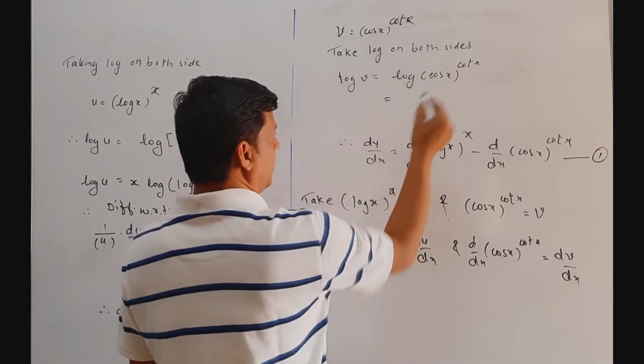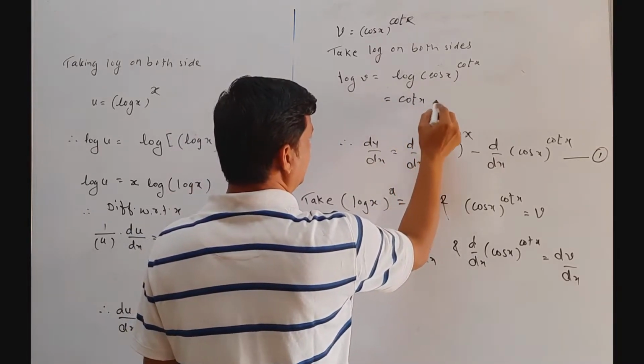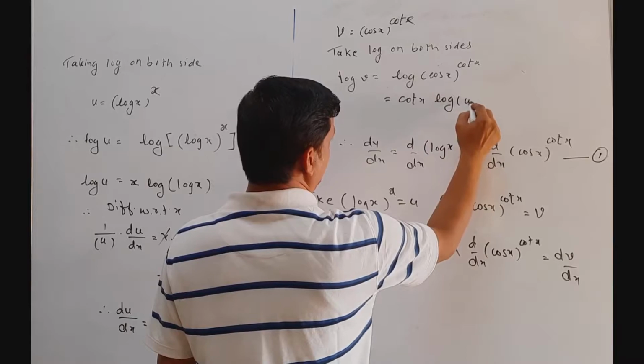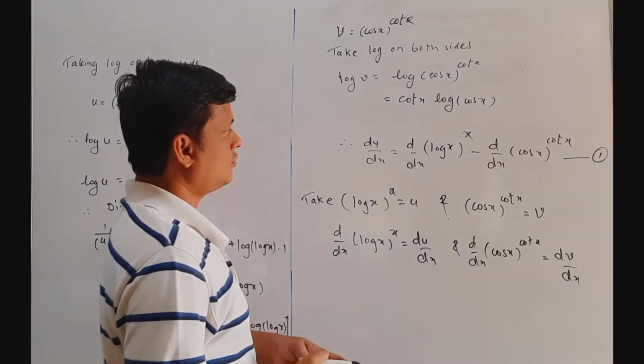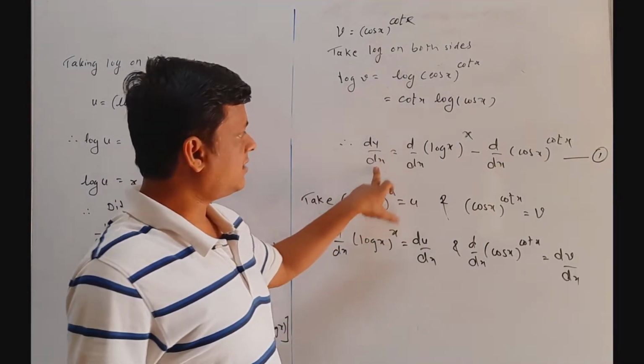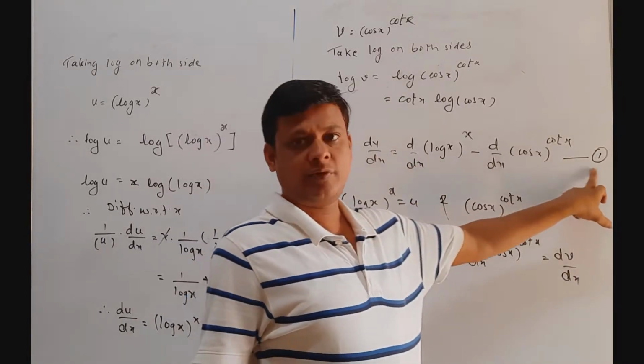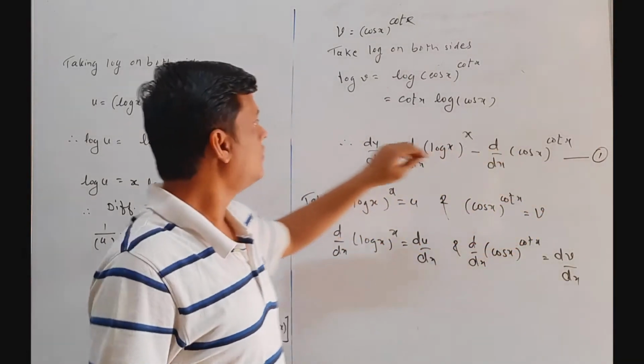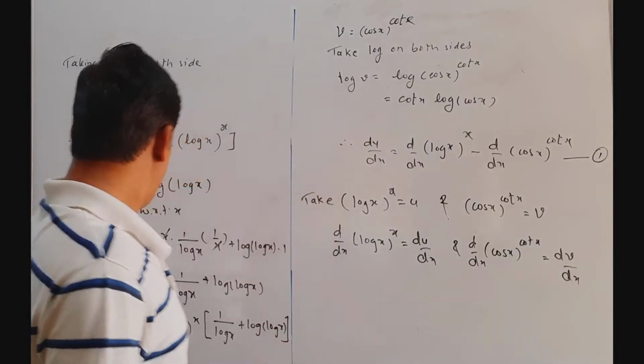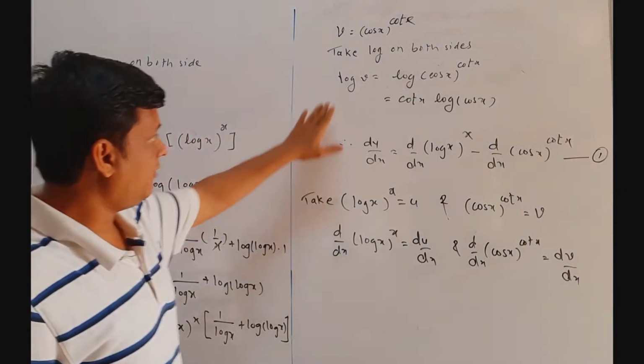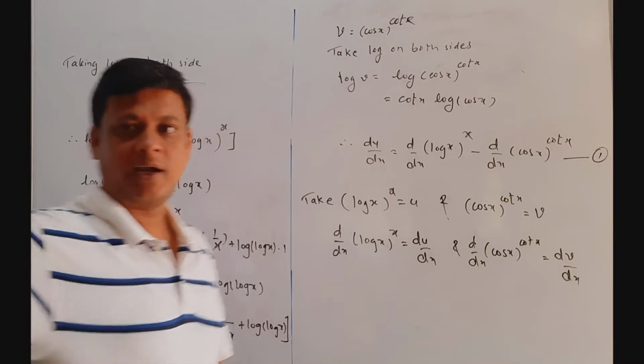Now apply the property, so we write this as cot x into log of cos x. The derivative of y we denote by equation number 1. So first we found du/dx, now we find dv/dx.